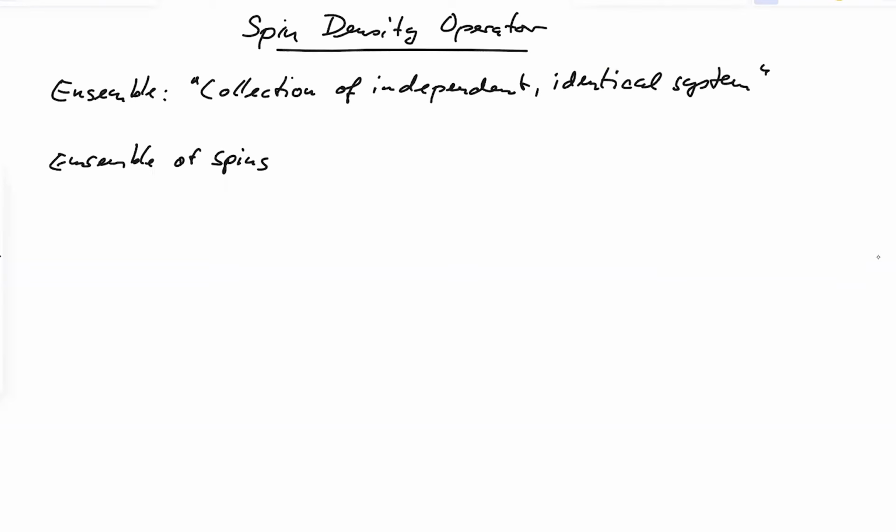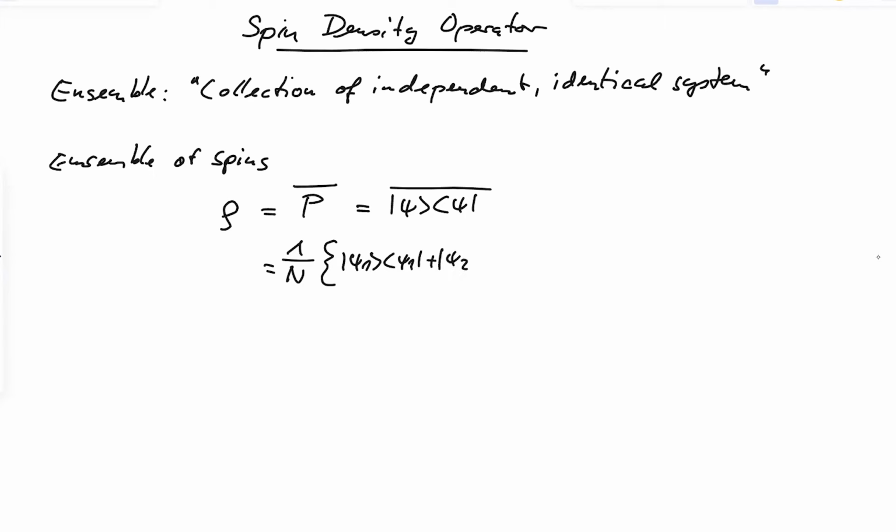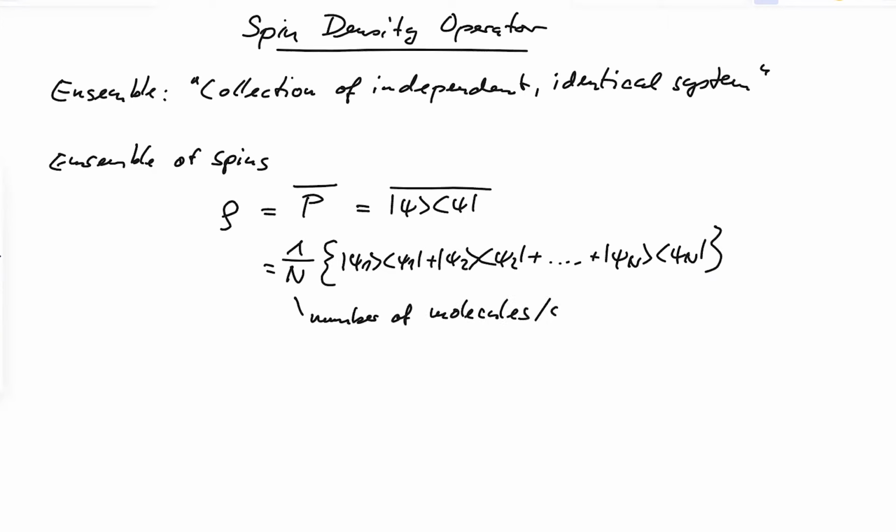Then we can define a spin density operator rho, which is the statistical operator P averaged over all spins, meaning this is the dyadic product of psi with psi, averaged over all spins, and this results in 1 over n times psi 1 times psi 1 plus psi 2 times psi 2 plus many other spins plus psi n times psi n, where n is simply the number of molecules with identical spins, or we can also call it the number of systems.